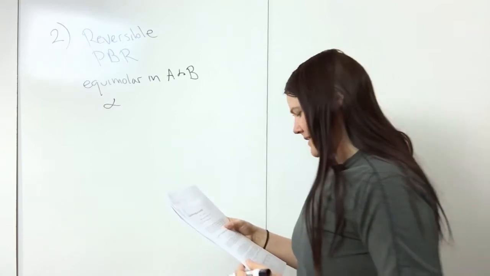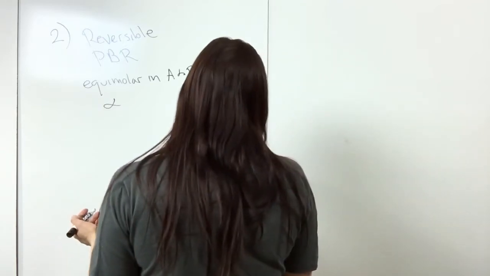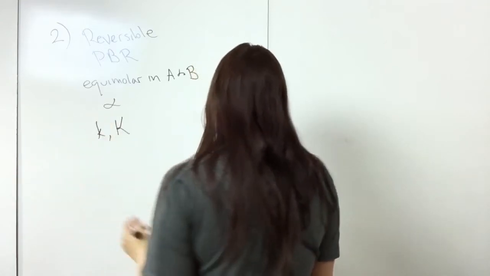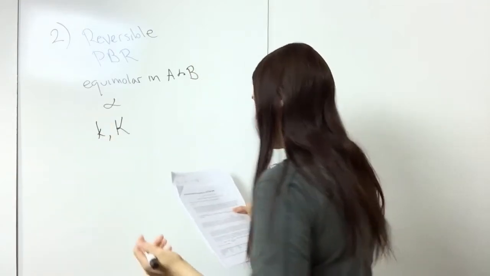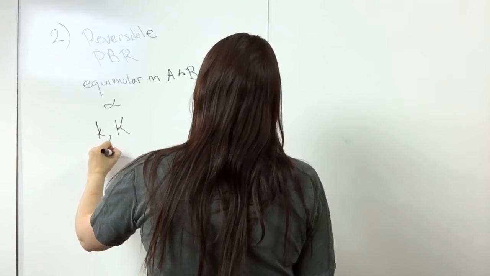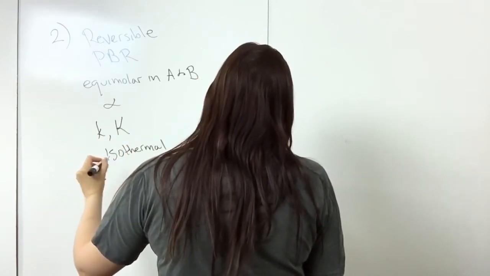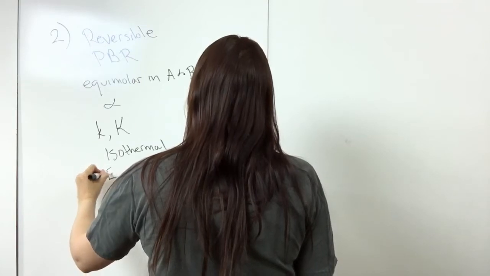Forward reaction rate is K, and the equilibrium constant is, so you have K and K. The reaction is isothermal, and elementary in both directions.